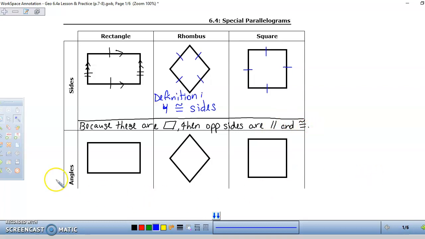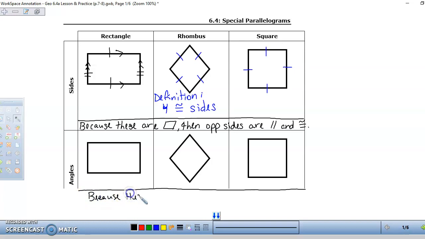Okay, angles. So again, because, and we're going to make ourselves another little extra box at the bottom. But again, because all of these shapes are parallelograms, then you know, so we can even write it again.